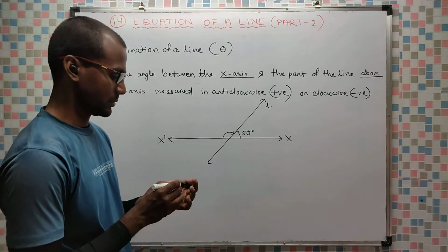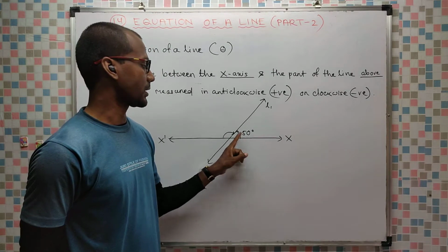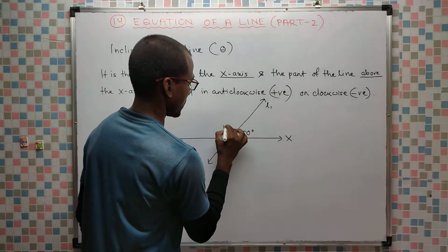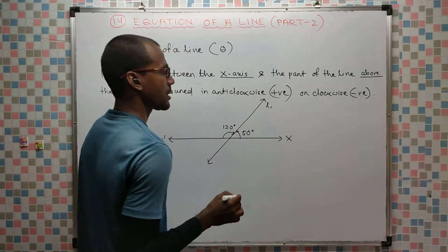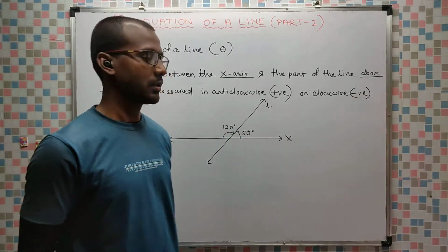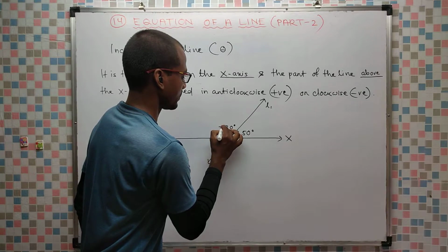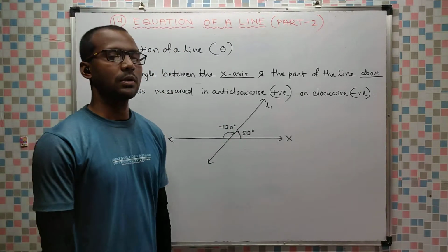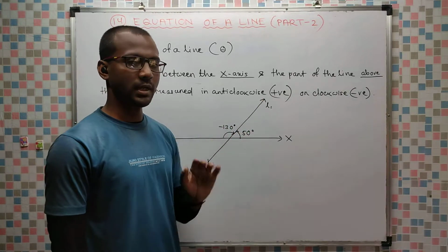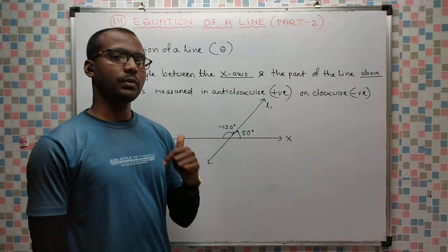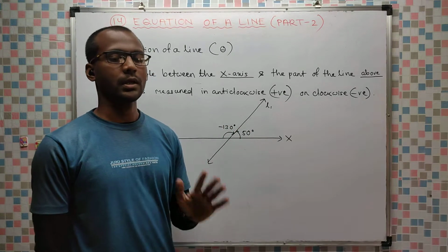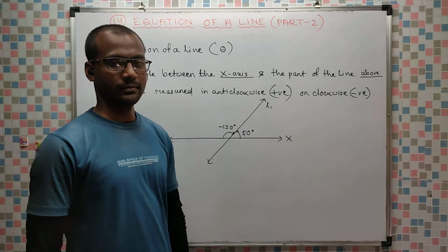Now if this is 50 degree, this will be 130 degree. But since it has been measured in clockwise direction, clockwise then negative, so it is not plus 130, it is minus 130. So if you say that angle of inclination of line L1 is 50 degree, then you are correct. If you say that the angle of inclination of line L1 is minus 130 degree, then also you are correct. But don't say 130 degree.